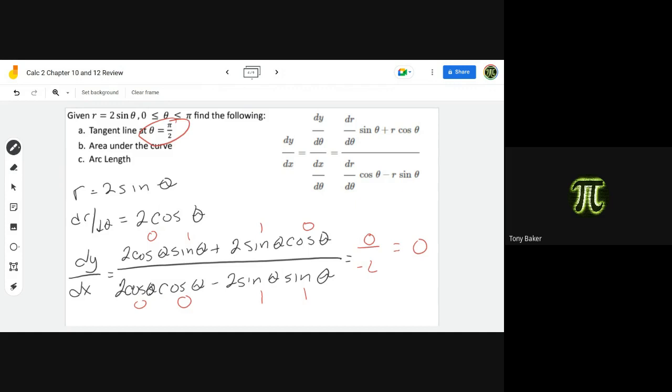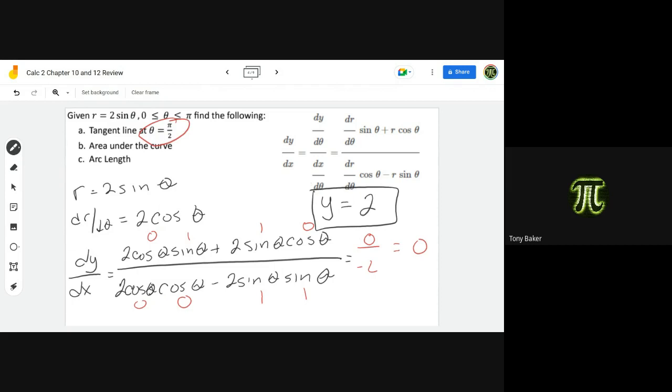So we now have to come up with the point on where this is on the graph. If we plugged in pi over 2 to that, we get 2. So y equals 2 because my slope is 0.